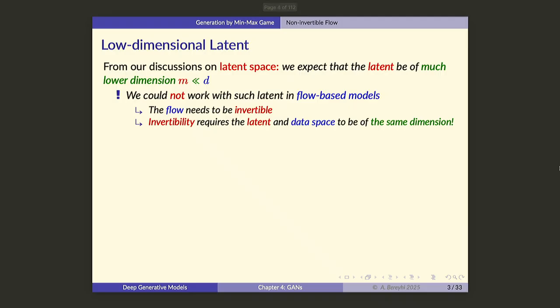Then let's start with the first one, which is the GAN idea. So I told you initially in the last chapter that latent space is somehow trying to represent the data manifold, right? And you do know that the data manifold is much lower in dimension. So if you have one MNIST image, you can sometimes represent it with a latent variable which is as small as 8-dimensional.